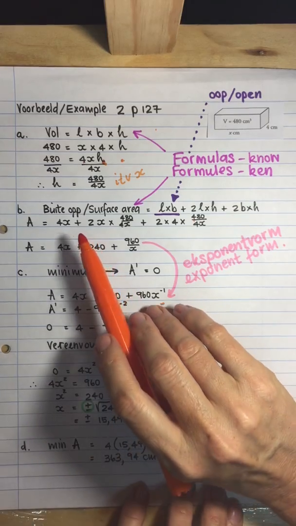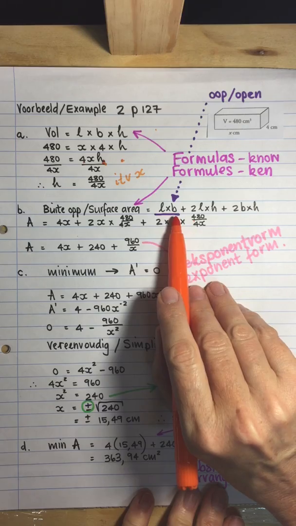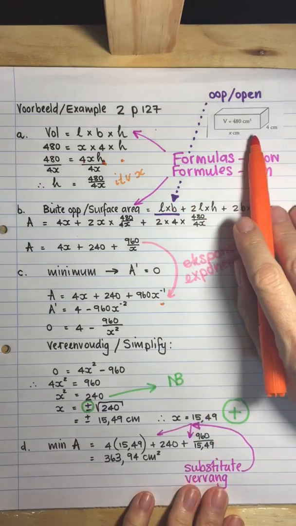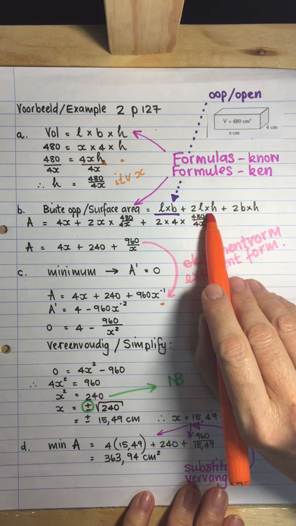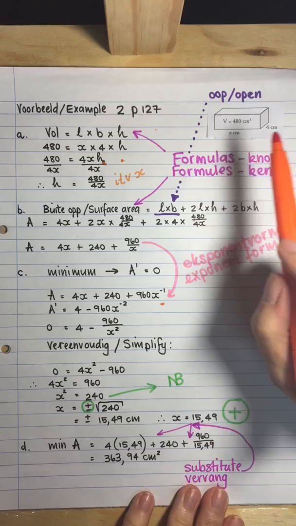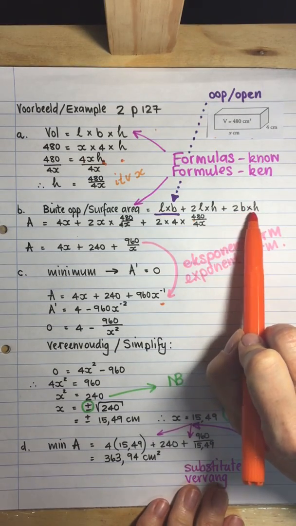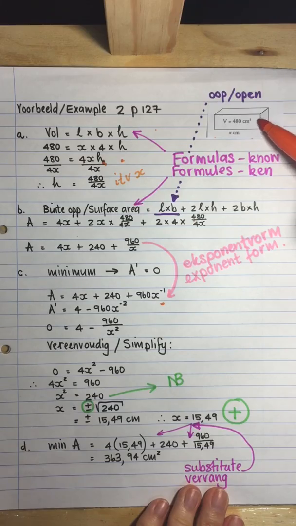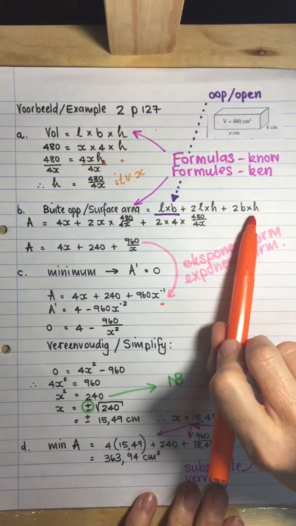So if we write down an expression for the surface area, we will write down L times B, and this is going to represent the bottom only. But 2 times L times H will represent the front and the back of the box, plus 2 times B times H, the breadth times the height, gives us the left and the right hand side of the box.